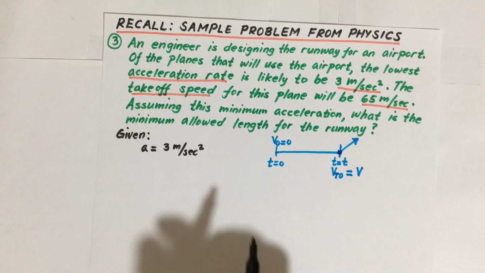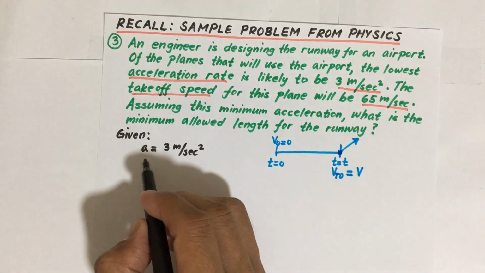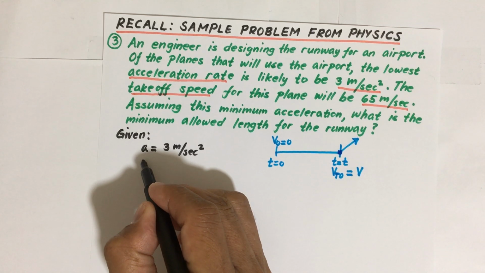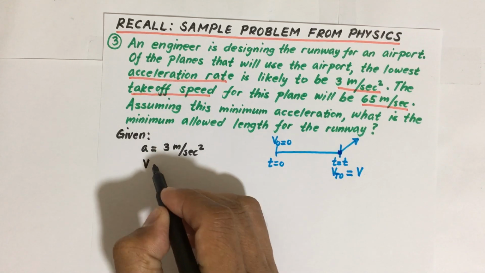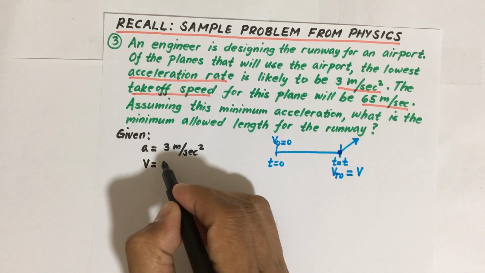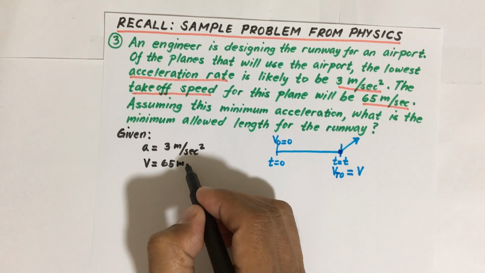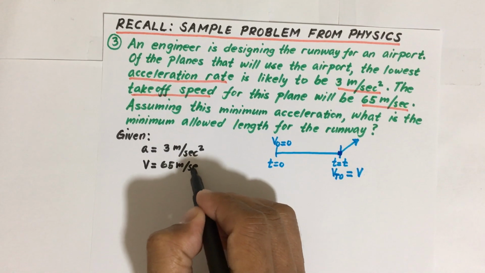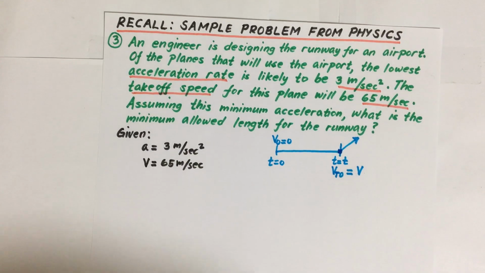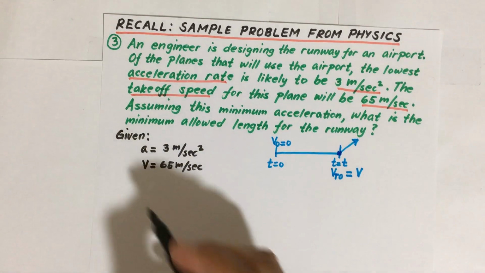And before we continue, we have to write down the given. We have the takeoff velocity, V, which is equal to 65 meter per second. Alright, and what is required in this problem?